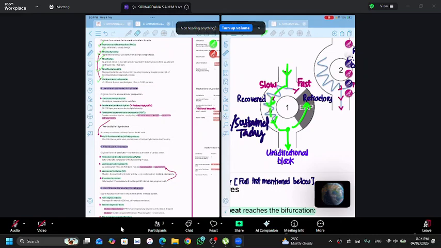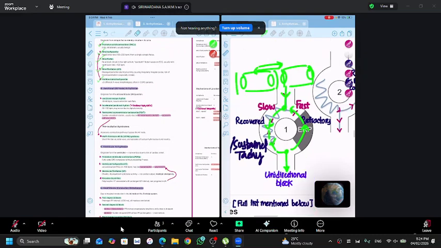Remember, throughout the cardiac wall, propagation of impulses can happen anterogradely as well as retrogradely, because myocytes have gap junctions on both sides. They can be connected like this, so impulses can flow in this direction or in that direction as well. So now this conducts in a retrograde manner, and it reaches this point.